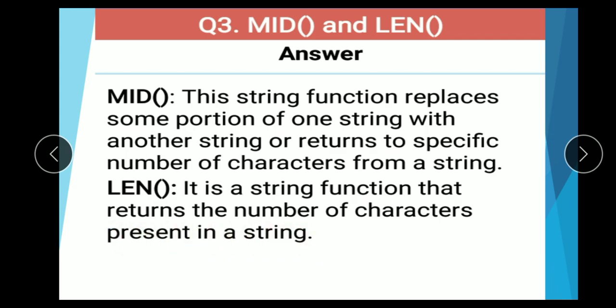Suppose you write the name Raj. When you use the Len function, it returns 3, because Raj, R-A-J, has 3 characters. So when you want to know how many characters are used in a string, use the Len function.